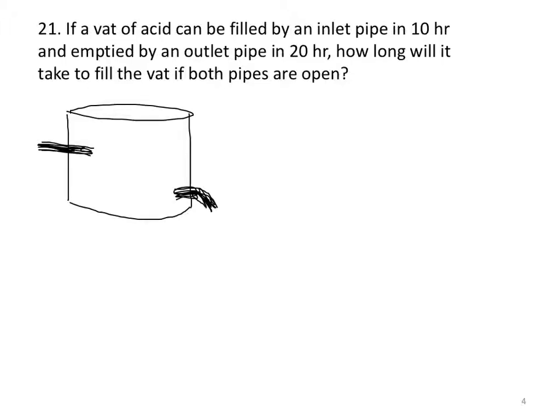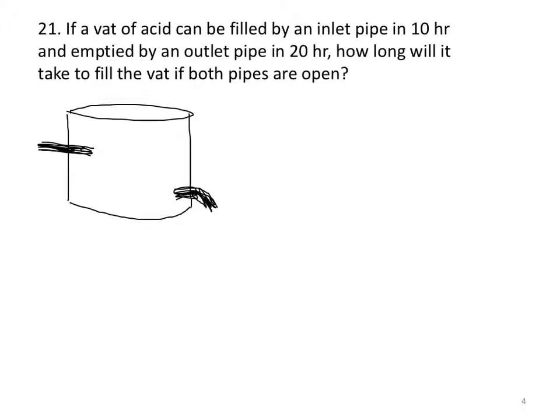You have a vat of acid, and it's filled by this inlet pipe in 10 hours, but it's emptied by an outlet pipe in 20 hours. So what it's saying is, if this were closed, this would fill in 10 hours. If there was nothing coming in, this would empty in 20 hours. But what if they're both going? What if stuff is coming in and acid is also going out?